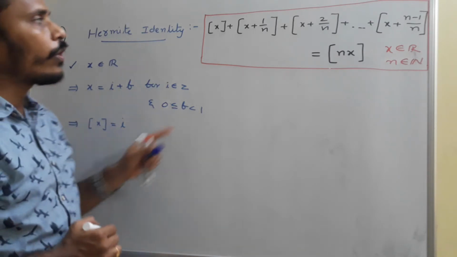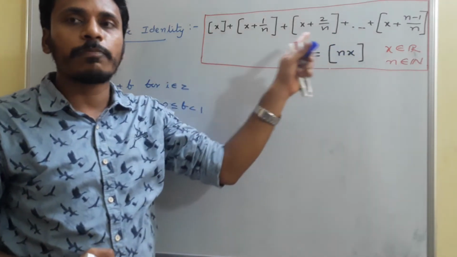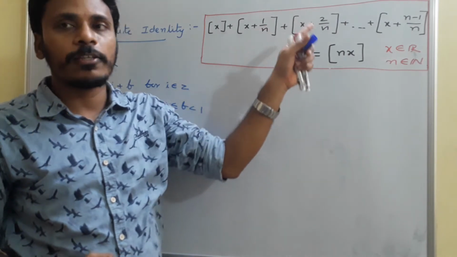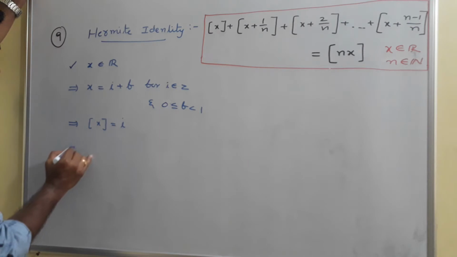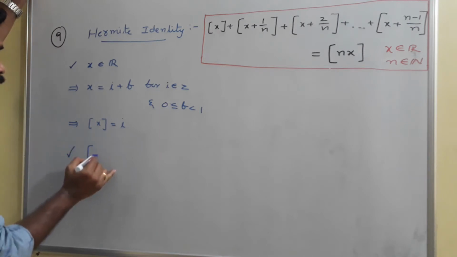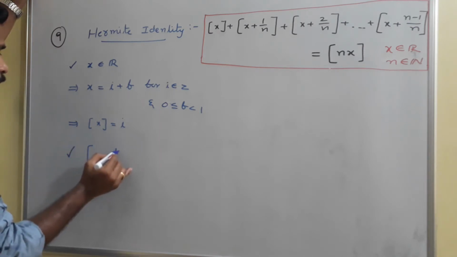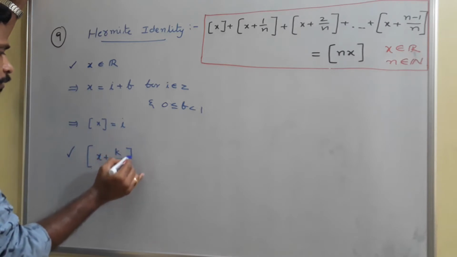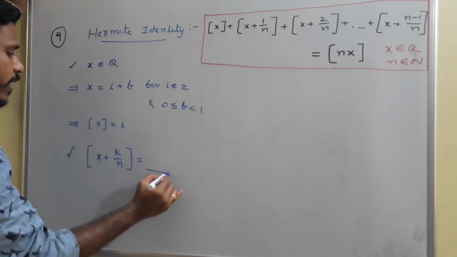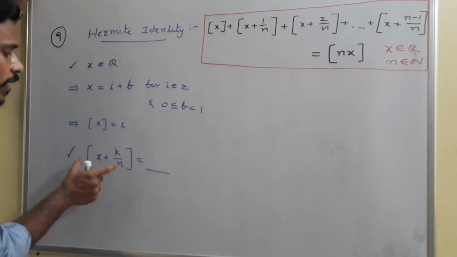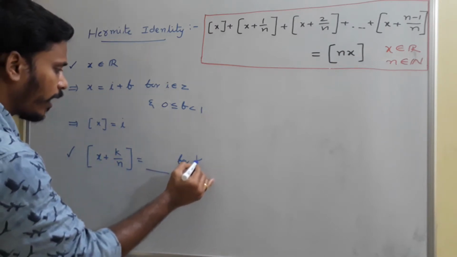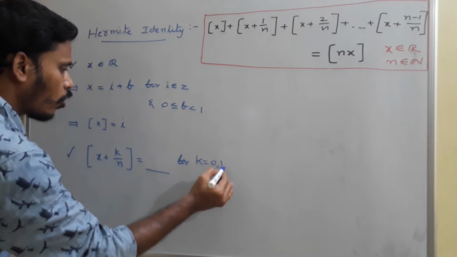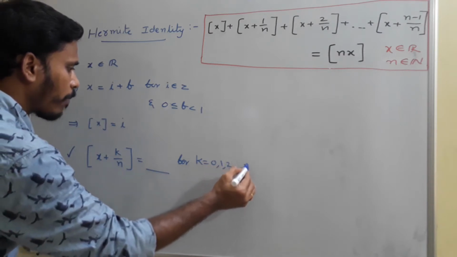But we need to think about step of x plus 1 by n, step of x plus 2 by n and so on. In the sense, we need to think about step of x plus k by n. We don't know its value exactly. First of all, we need to think about the step of x plus k by n for k equal to 0, 1, 2 and so on up to n minus 1.